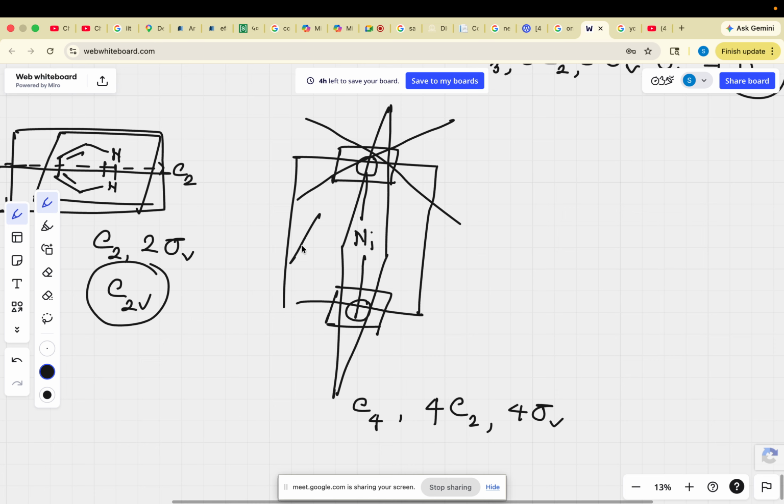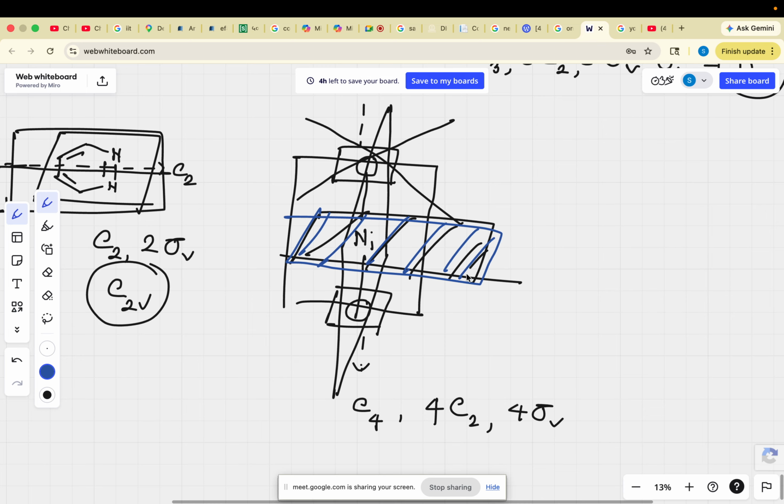And if you pass a plane through the middle, that is perpendicular to your C4 axis. I am drawing with a different color. This plane is perpendicular to your C4 axis, so that means this is your sigma h.